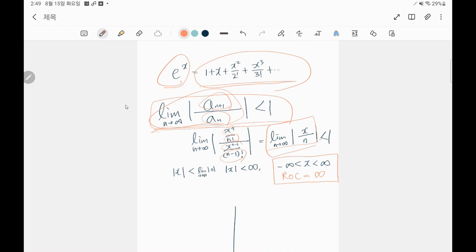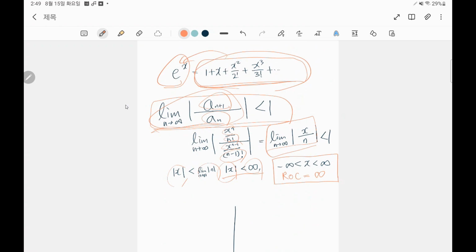Because n goes to infinity and n is a positive number, you can just multiply and simplify this out. You get absolute value of x less than n, but n goes to infinity. So the absolute value of x less than infinity, if this is satisfied, then the Taylor series on the right hand side does converge to its original function.